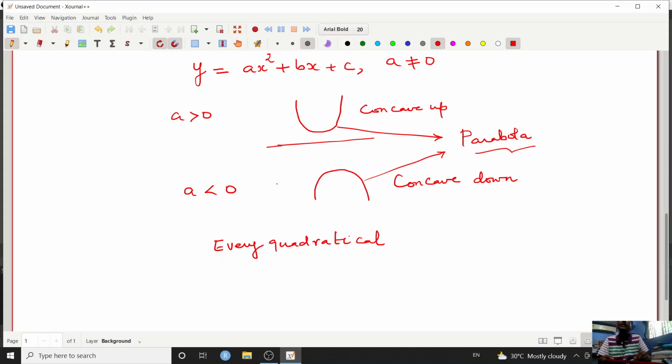Every quadratic polynomial is represented by a parabola, and we are going to verify that.